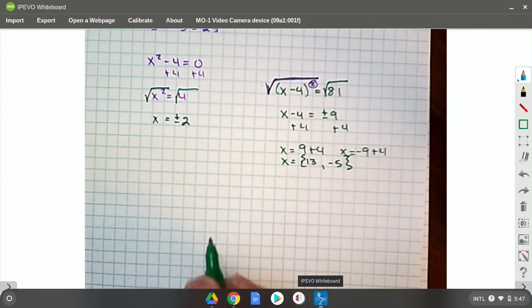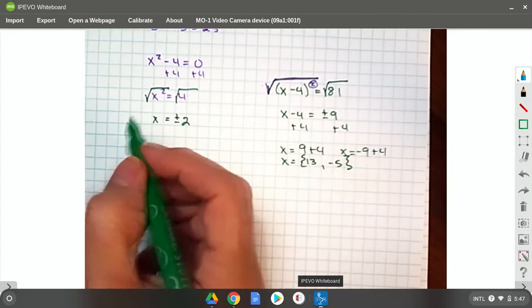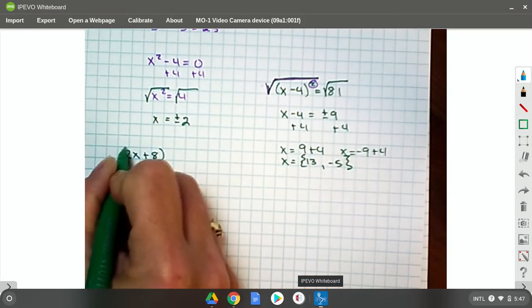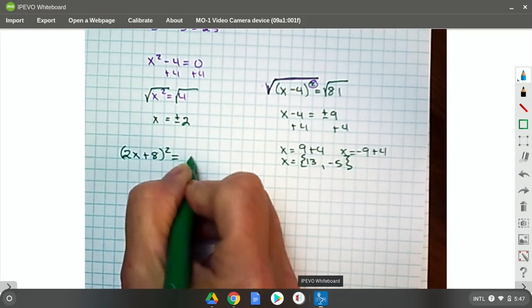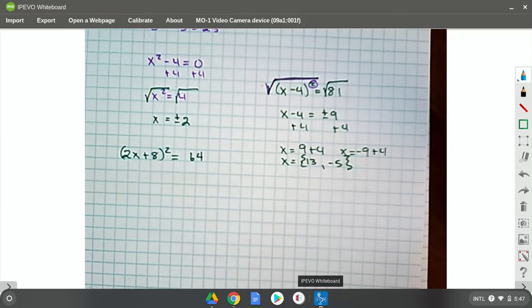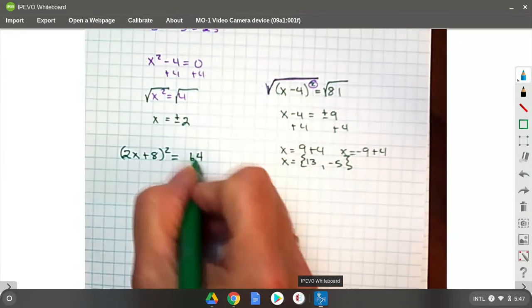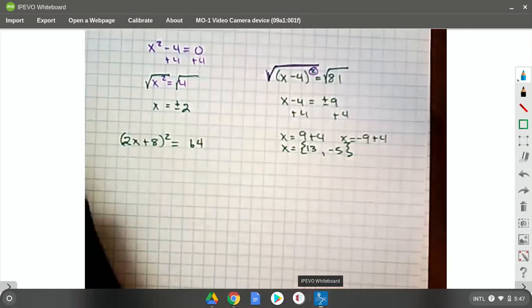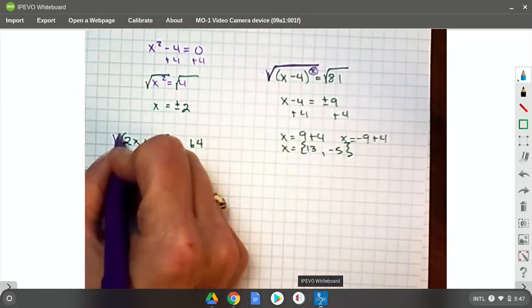What if I have 2x plus 8 quantity squared equals 64, right? So again, square root from both sides.